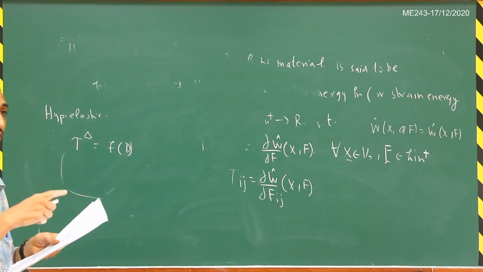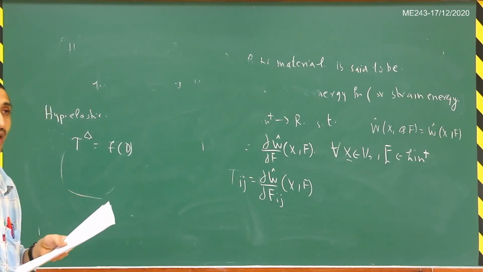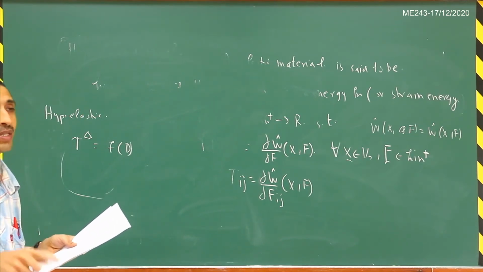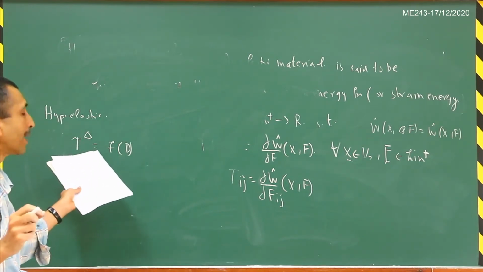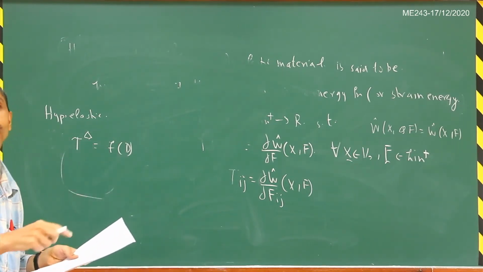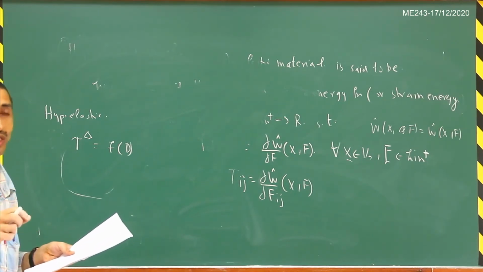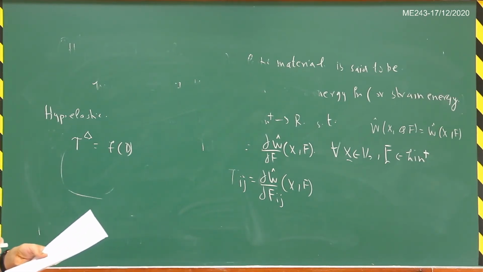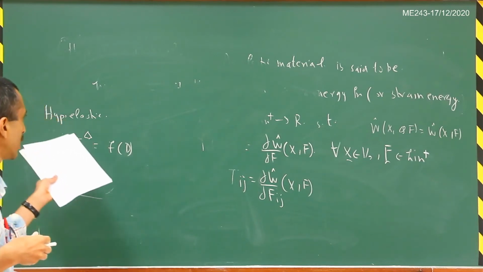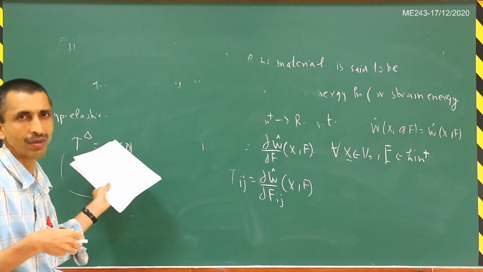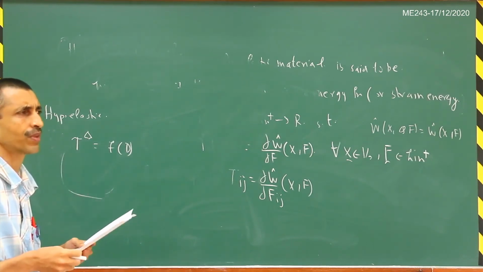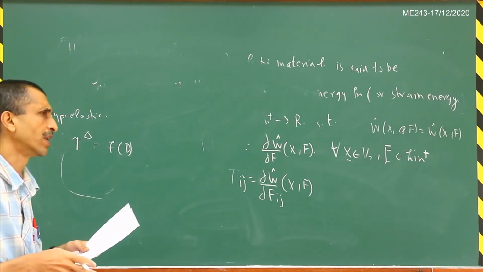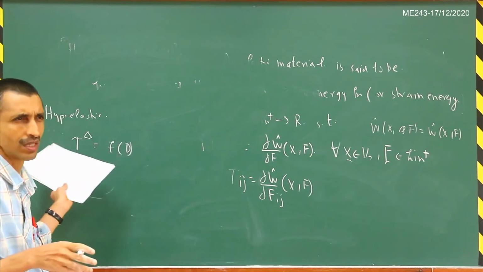For example, if you load an elastic material and then unload it, then it should come back to zero stress if the strain is zero. But if you use these hypoelastic material models, you may not come back to the zero state on unloading. This is a major shortcoming of the hypoelastic material model, and so generally the literature doesn't adopt hypoelastic materials.